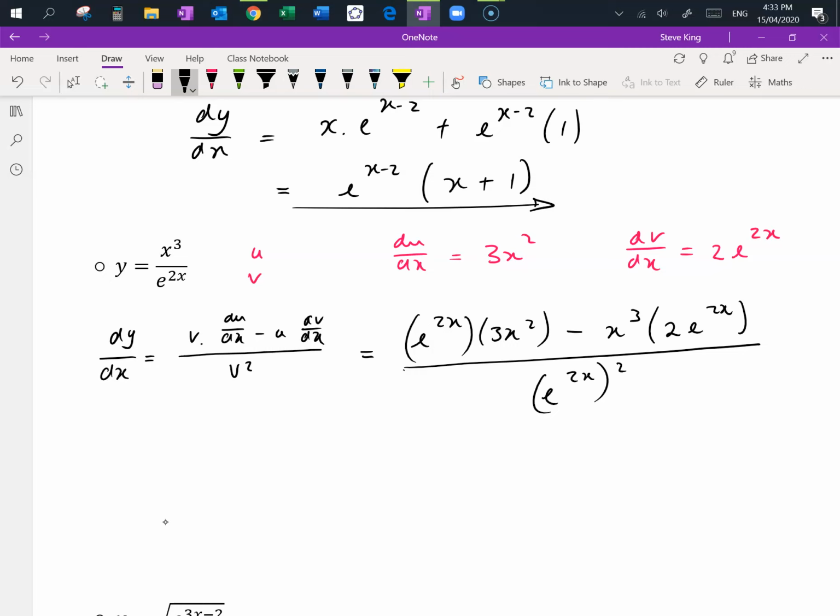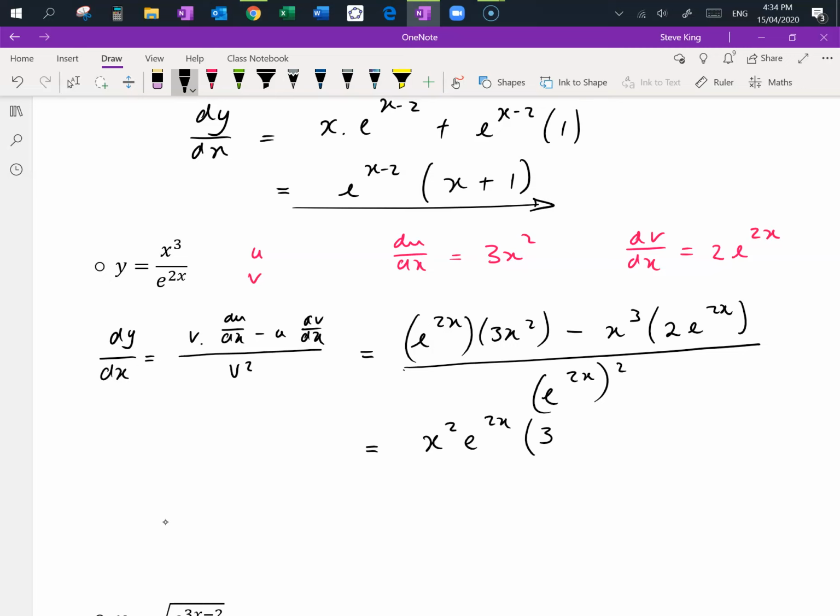Now I need to tidy this up because I've got common factors present all the way through. I've got an x squared that's present in both terms in the top line, and I've got an e to the 2x. So I'm going to take out x squared and e to the 2x. And what am I left with? I'm going to be left with 3.